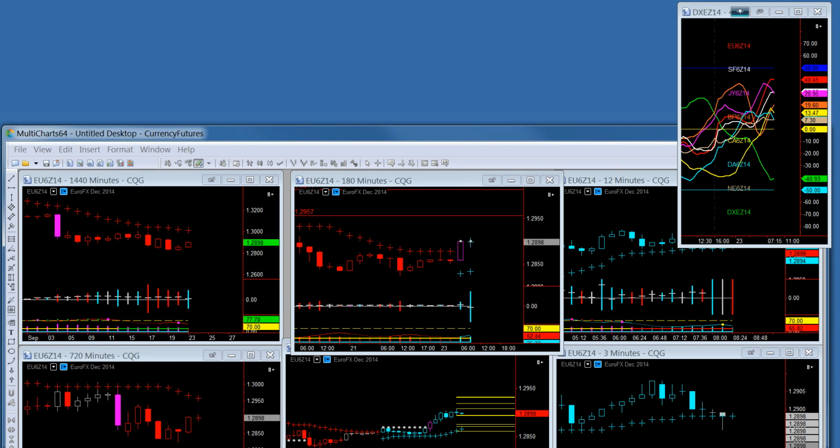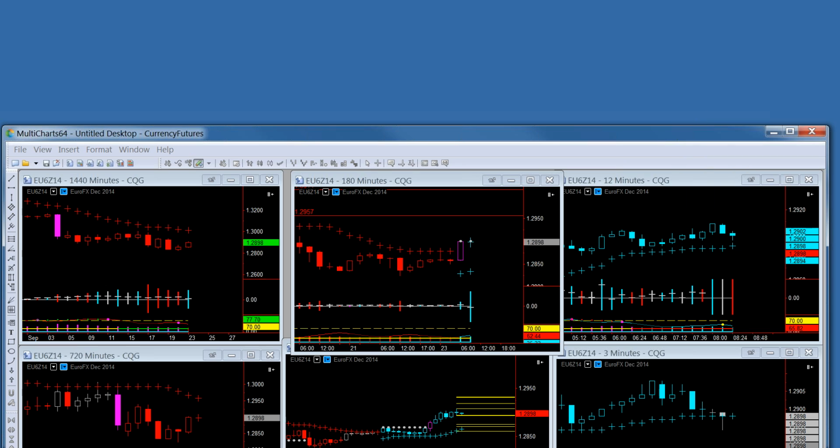But it's accurate not because I'm a great programmer, but because it all measures price action, okay? Because it's measured off of price action, that's what makes the difference. It doesn't matter what your time frame is. It's still going to capture it.